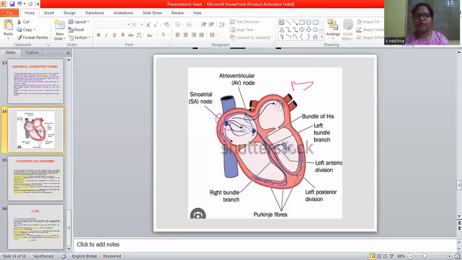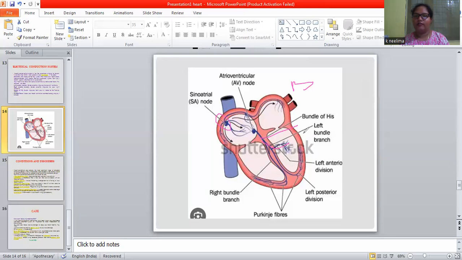This is the atrioventricular node, where there is a short delay of about 0.1 seconds, and then the impulse moves to the bundle of His. The bundle of His moves to the right side, the right branch, and the left branch.